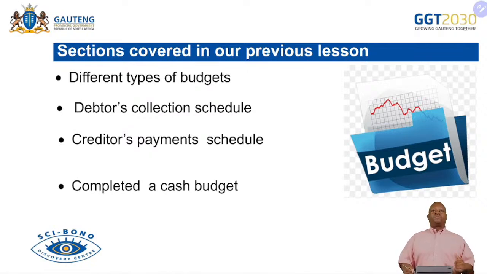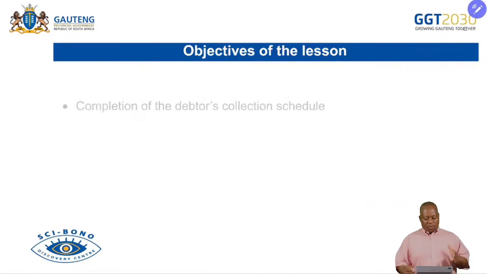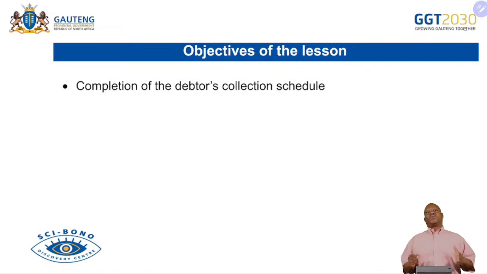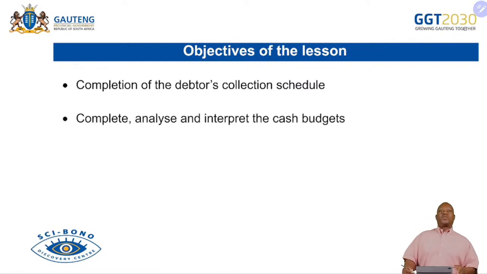Today, we are still going to look into the same concepts, but we are going to try to look into the completion of a debtors collection schedule again, a very important part whenever we are preparing our budgets. And then we are also going to complete, analyze and interpret cash budgets.